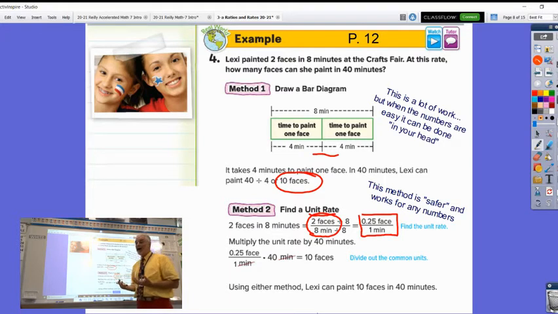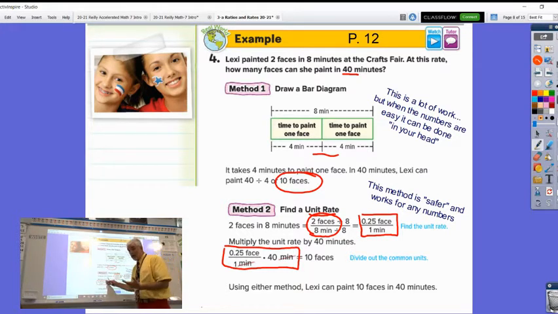Now, if the question is how many can she paint in 40 minutes, then you multiply this 0.25 times 40. Don't worry too much about them showing how these units cancel out. That, again, is so simple in this problem that you don't have to write that. You do need to write 0.25 times 40.